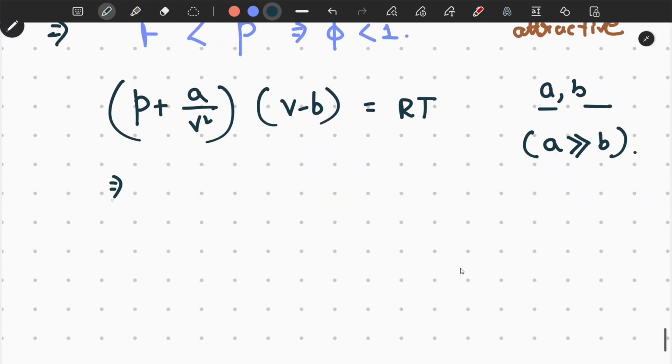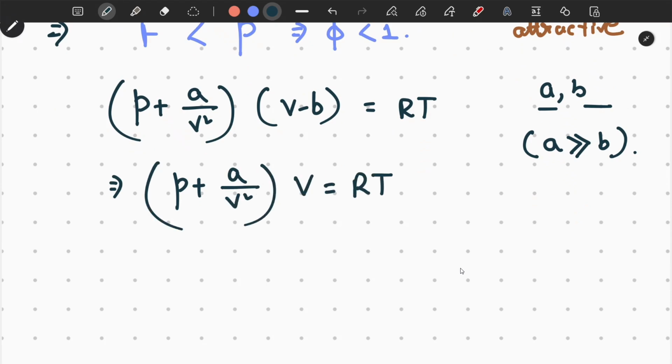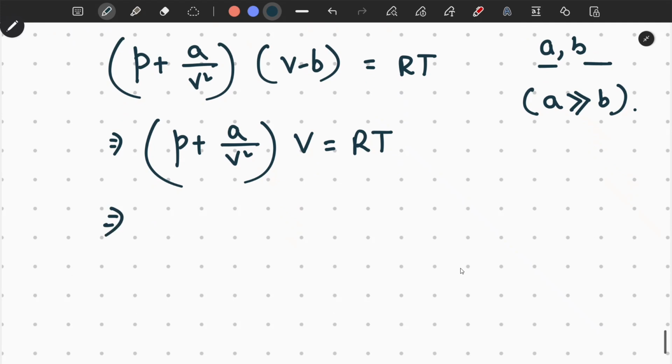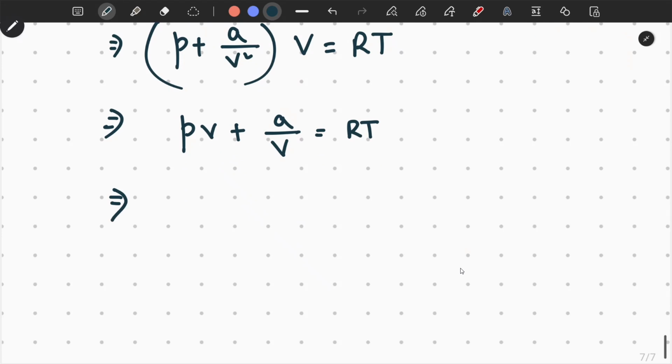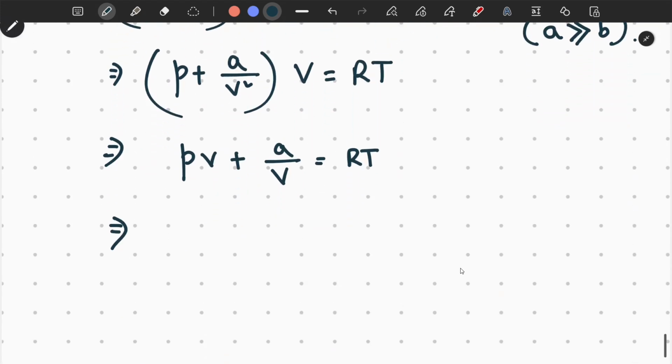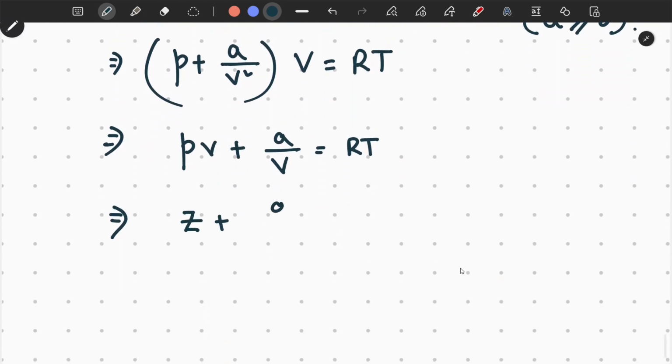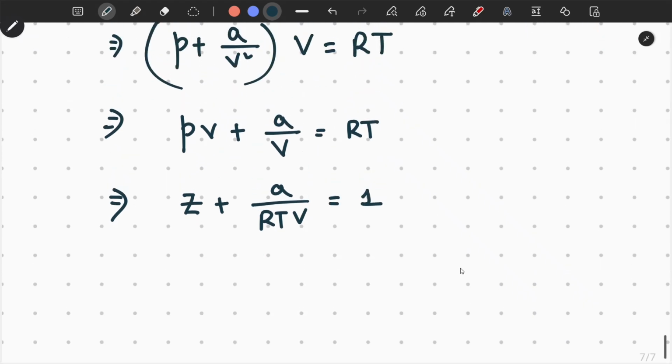So you can write P plus A by V square equals RT. This volume is the real volume, everything is real. So this will be Z plus A by RTV equals 1.